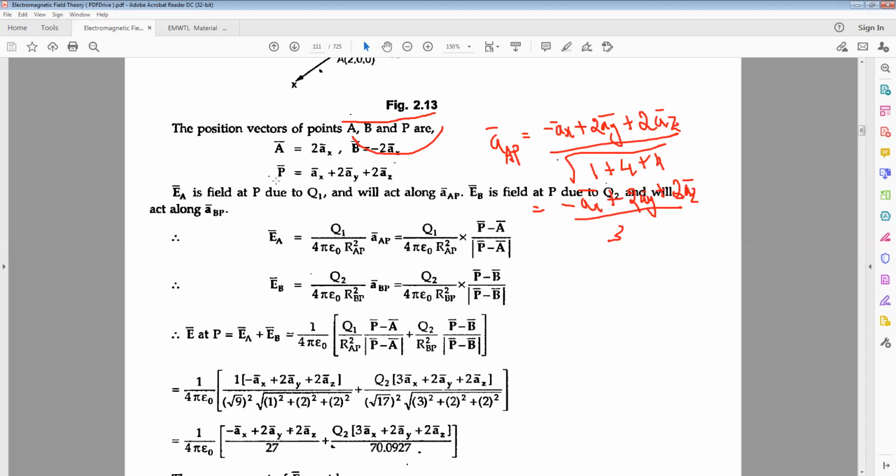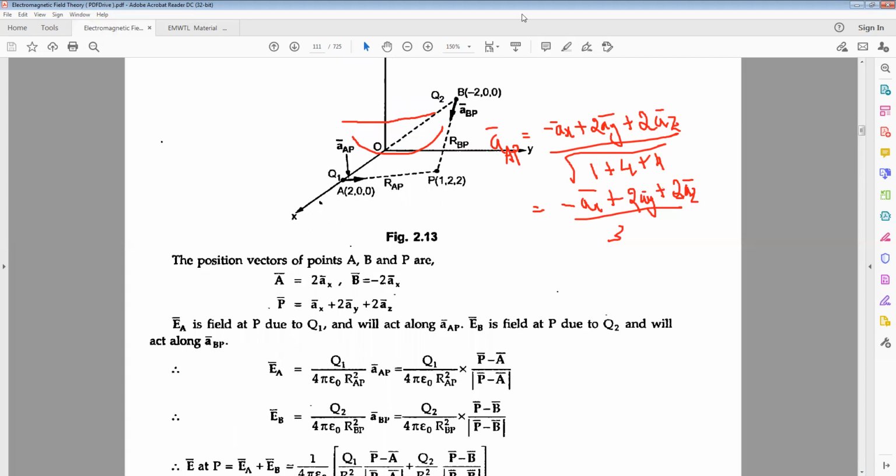And for the second one, EB, how can we find that? It means P to B, not P to P. The receiving end is (1,2,2) and the sending end is (-2,0,0).